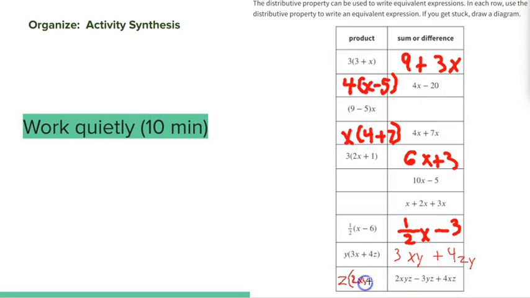2xy minus 3y plus 4x. I could even break that down further, couldn't I? Yeah, if I really wanted to get crazy, I could go with z. And now I've got parts here that I could take the y out, couldn't I?